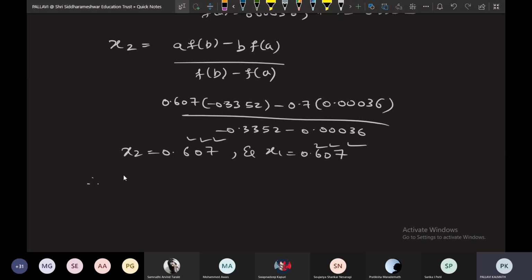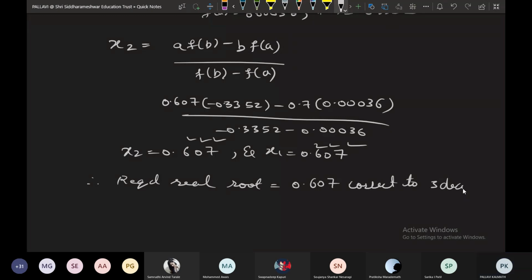So therefore, what is the required real root? The required real root is 0.607, correct to 3 decimals. Right.